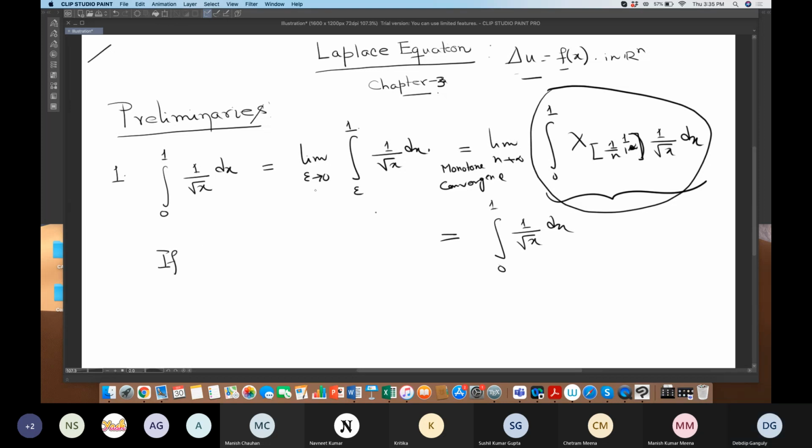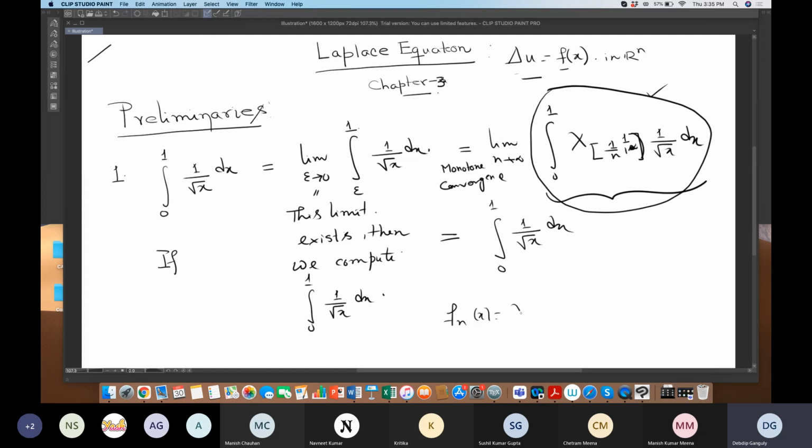If this limit exists, then we compute the integral from 0 to 1 of 1 by root x dx, just by this rule, using the monotone convergence theorem. Here fn(x) is the characteristic function of [1/n, 1] times 1 by root x.